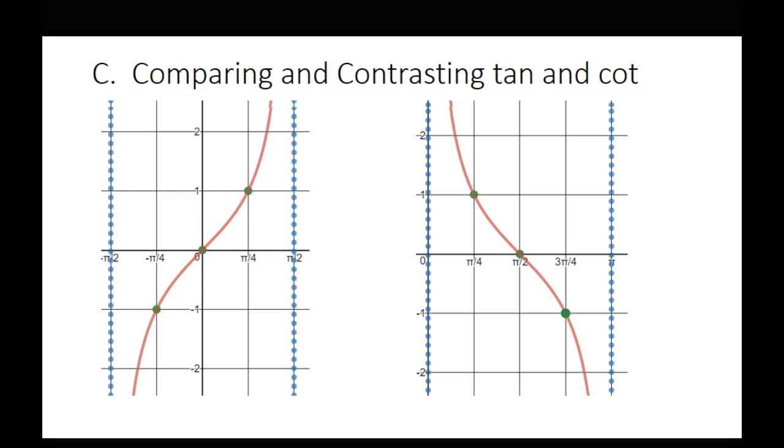Some things you guys are going to want to write down while you're getting these slides is the fact that this is tangent and this is cotangent. I should have had those labeled, but for some reason I did not. Another thing is you'll want to make sure you get these little measurements on here, like this is negative pi over 2, negative pi over 4, 0, and so on.